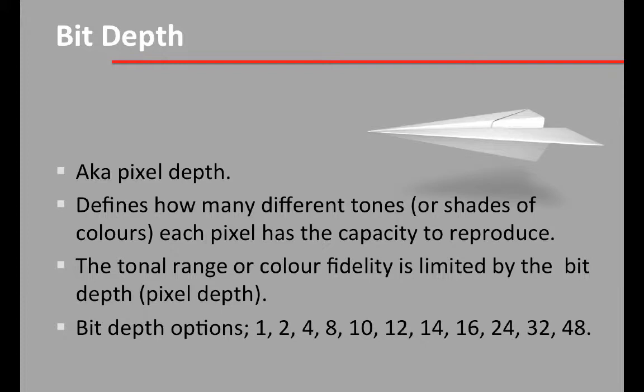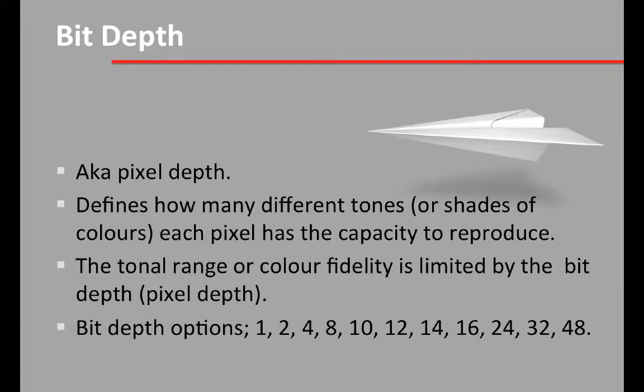So pixel depth defines how many variations of tone or shades of color that pixel has the capacity to reproduce. So the tonal range or the color fidelity of your image is limited by the bit depth or pixel depth. We'll unpack that in the next few slides.